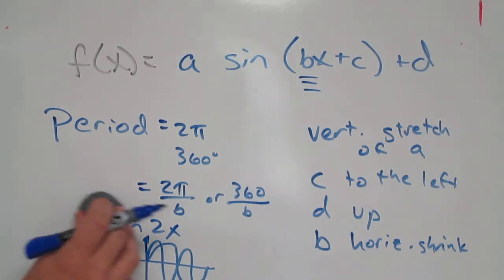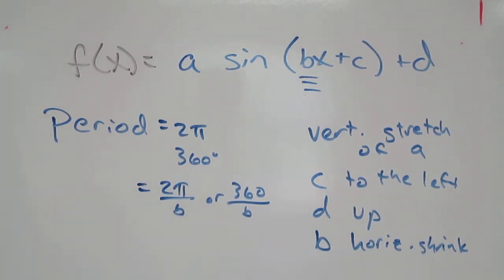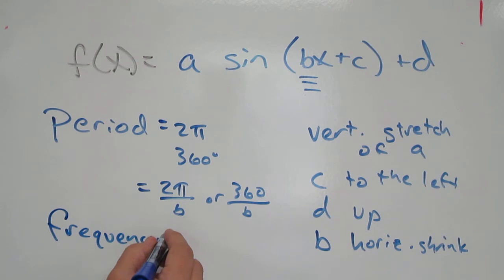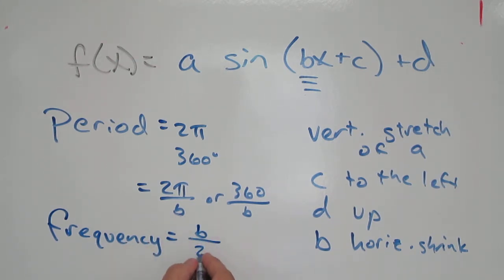Now, there's a term that your book uses. We don't do it a whole lot, but frequency is basically the inverse or the reciprocal of period. So it's b over 2 pi or b over 360. If you see that in other places, it's very common, and it's related to period, but it's not exactly the same thing.